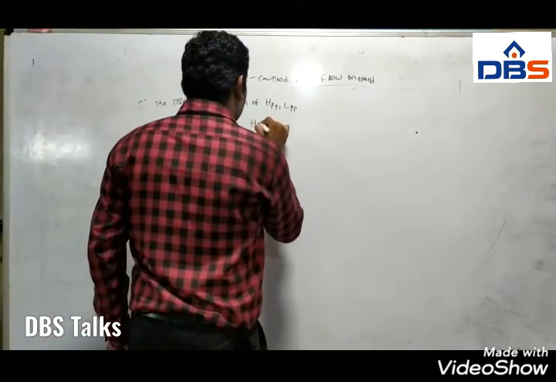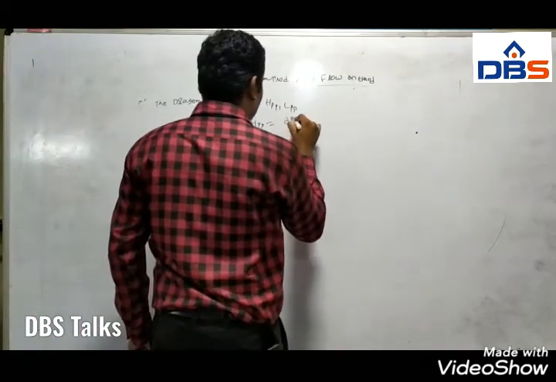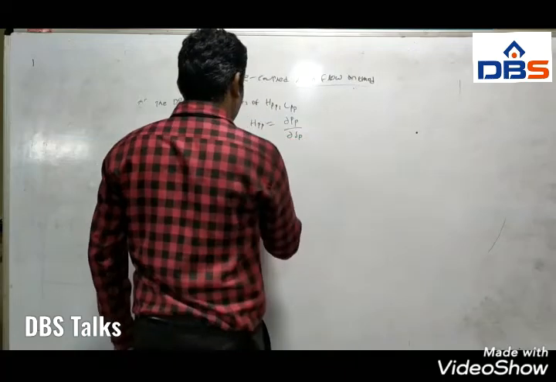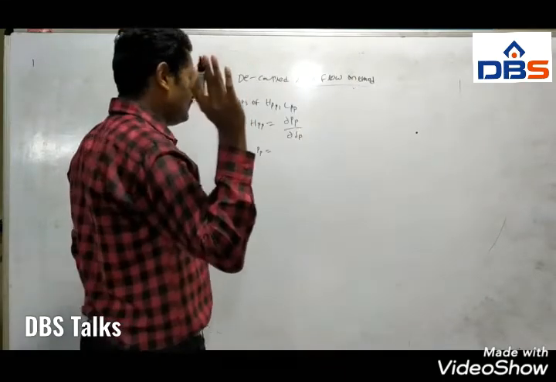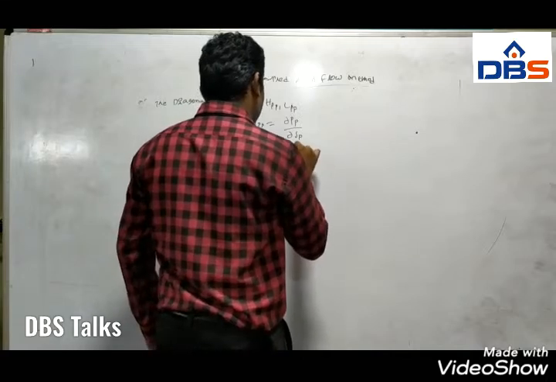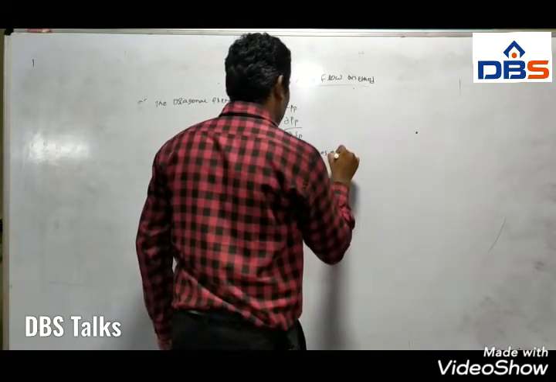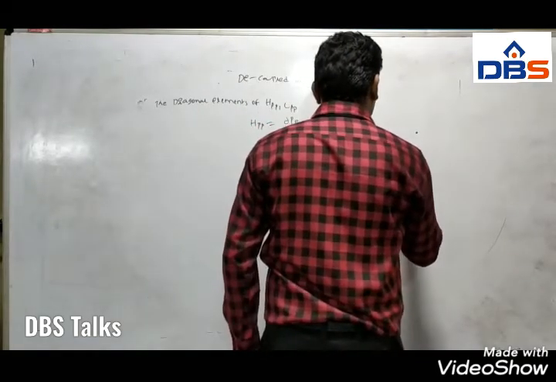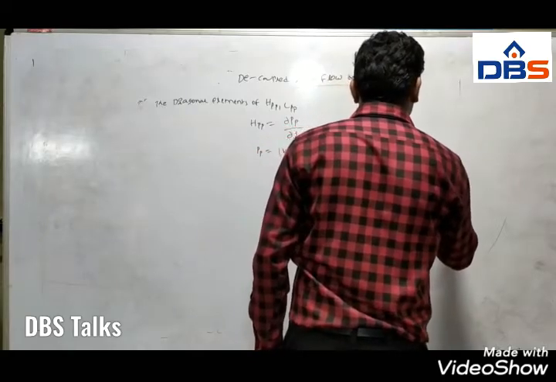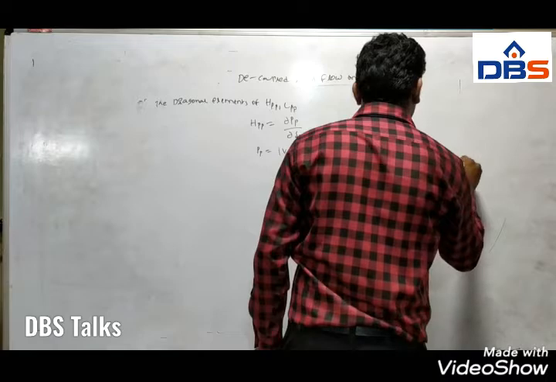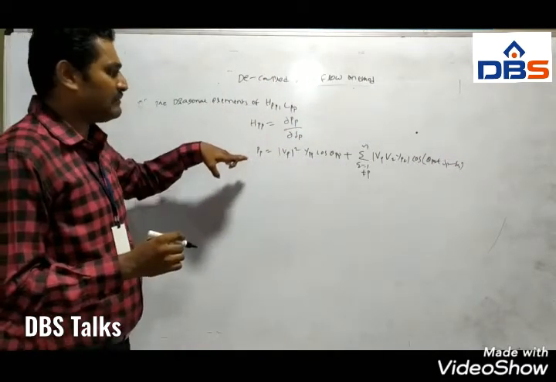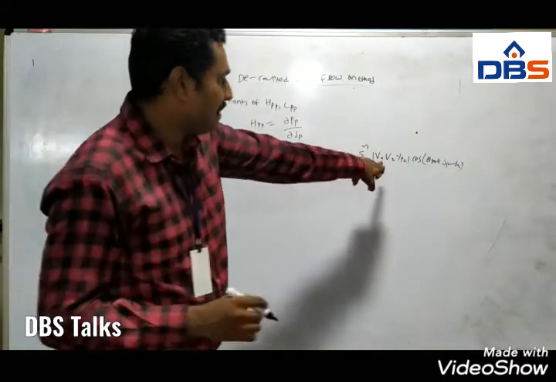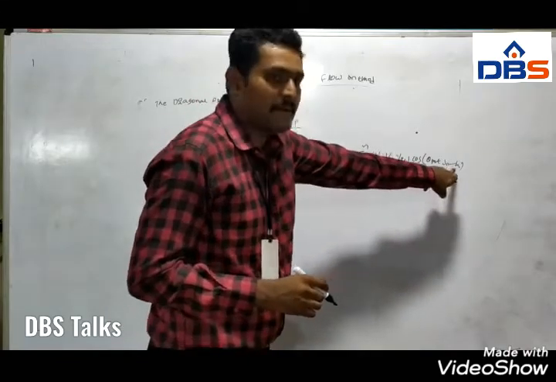So we take HPP is equal to dou PP by dou delta P. So from equation 5, PP is equal to |Vp| square Ypp cos theta pp plus sigma q is equal to 1 to n, not equal to p, |Vp||Vq||Ypq| cos of theta pq plus delta p minus delta q.